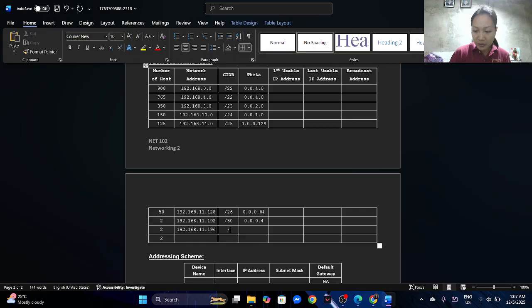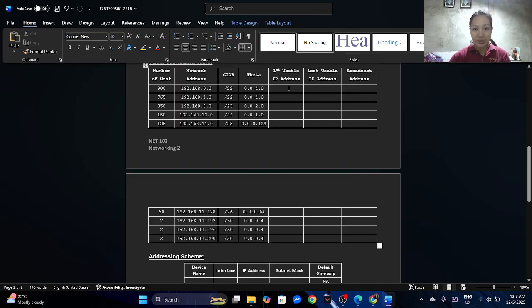Same lang din /30 ang CIDR, and 0.0.0.4 ang theta. So for router 3, network address would be 192.168.11.200. Same CIDR for two hosts, which is /30, and 0.0.0.4 for the theta.